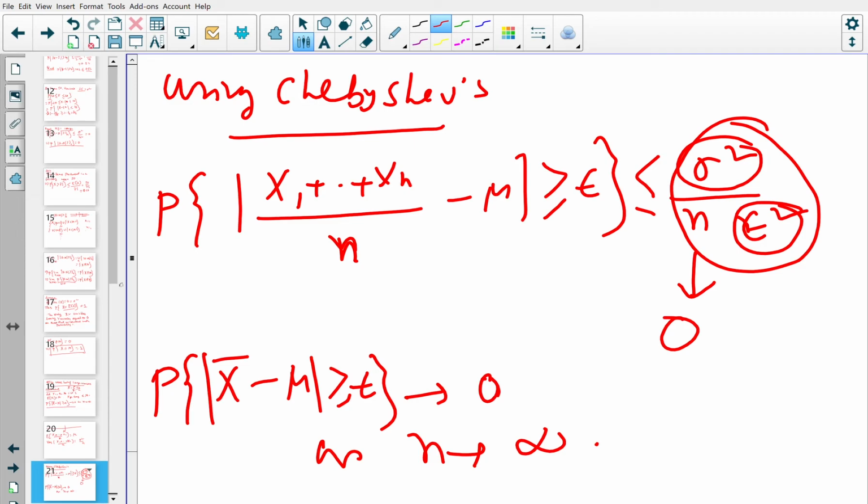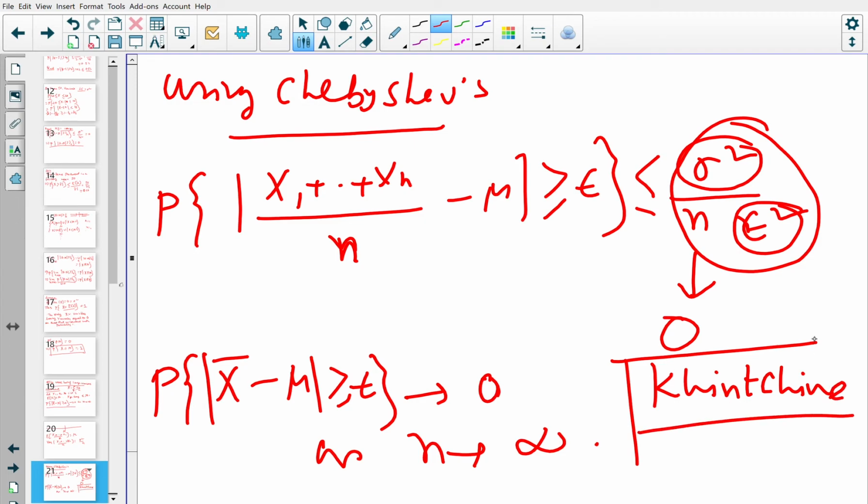So this is called the weak law of large numbers. This is not the original proof. This proof is due to the Russian mathematician Khinchin, who used the Chebyshev inequality.